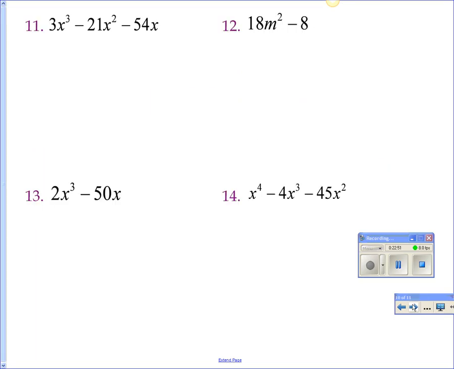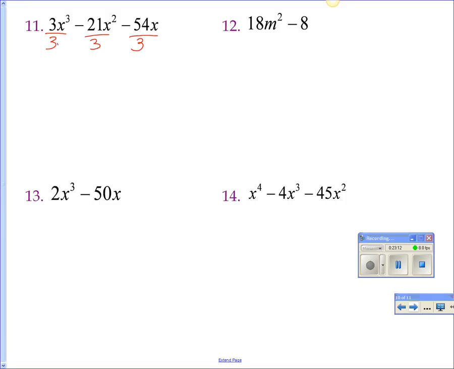Last 4 right here. Number 11. Haley, what do you do first on 11? Yep. And Haley, what else goes into all of them? No, not another number. What else do they have in common other than a number?